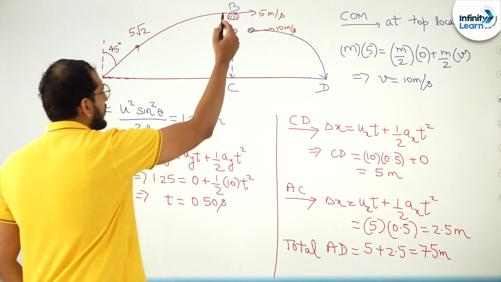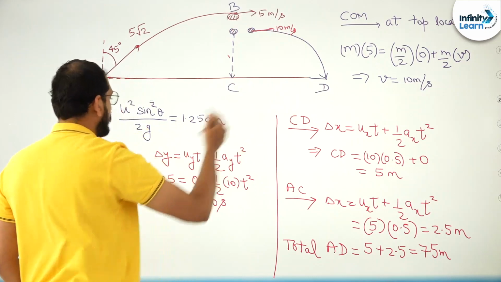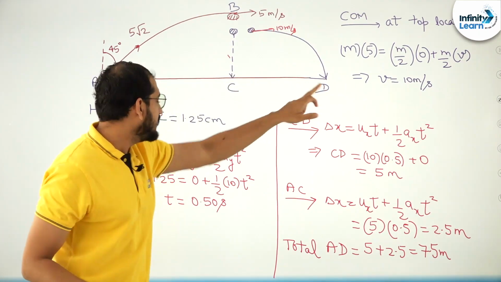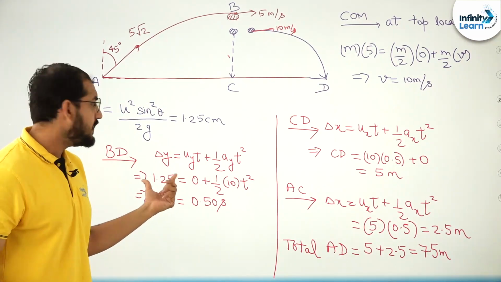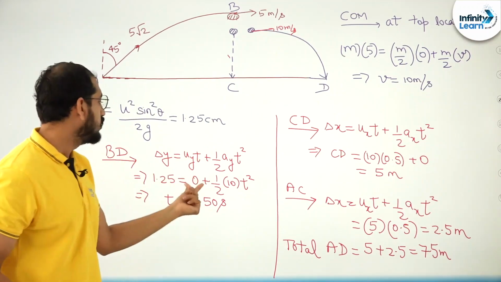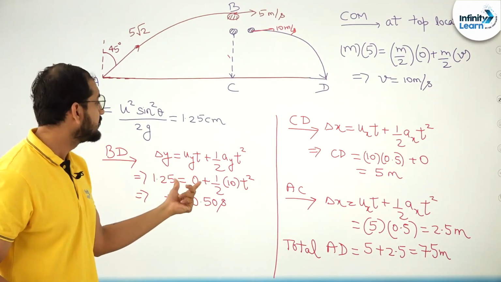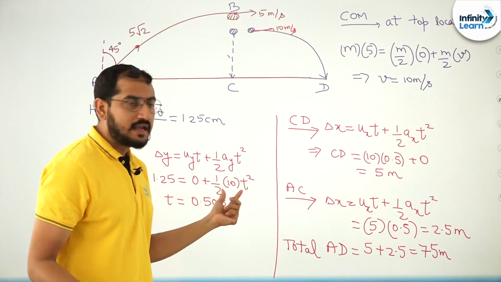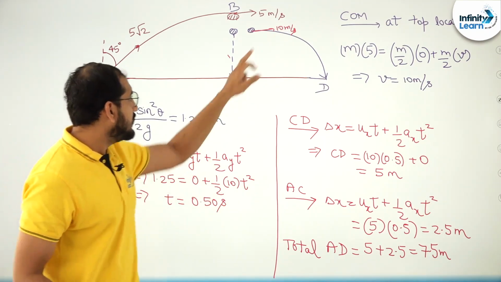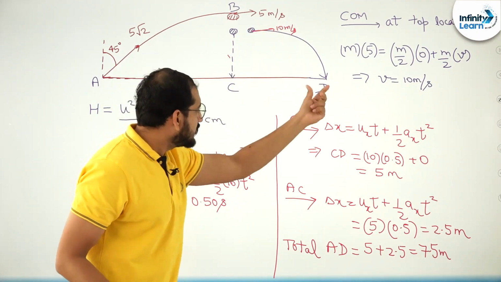Now if I apply the kinematics equation from point B to D, the vertical distance this second particle needs to cover is 1.25 only, and it has a horizontal speed of 10 but no vertical speed component. The acceleration due to gravity is 10. From here I'll get the time. So this is the time, 0.5 second taken by this second particle to touch the ground.